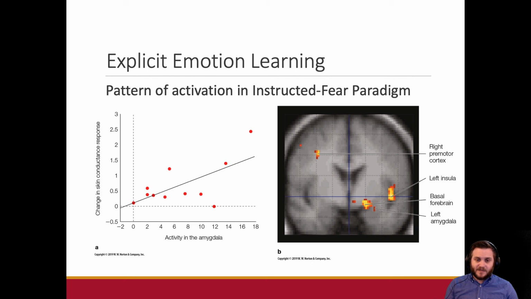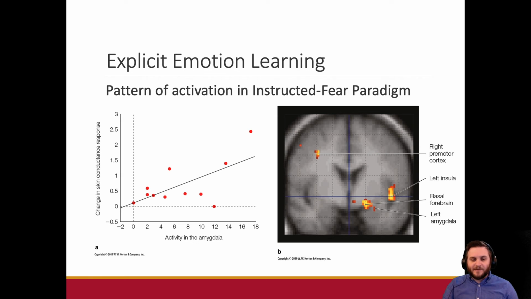Because sweat has electrolytes in it, so it actually acts as a conductor on your skin, which is by itself really interesting. Sweat has those electrolytes because it comes from glands within your body. So it's salt. And you can see here that as activity in the amygdala increases, so too does skin conductance response. And this is the line of best fit.